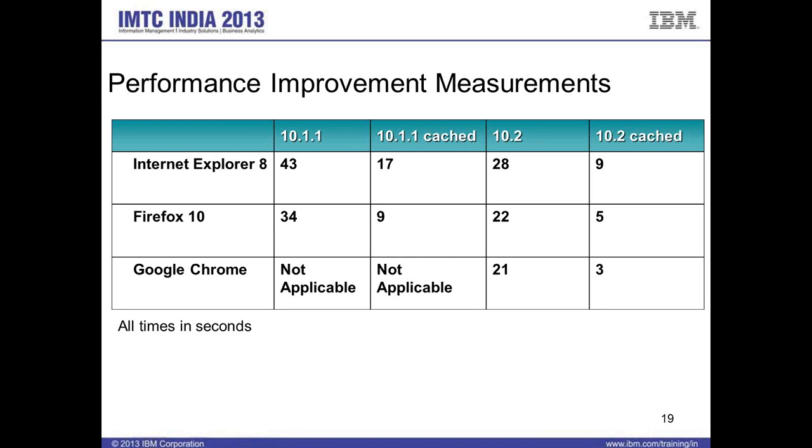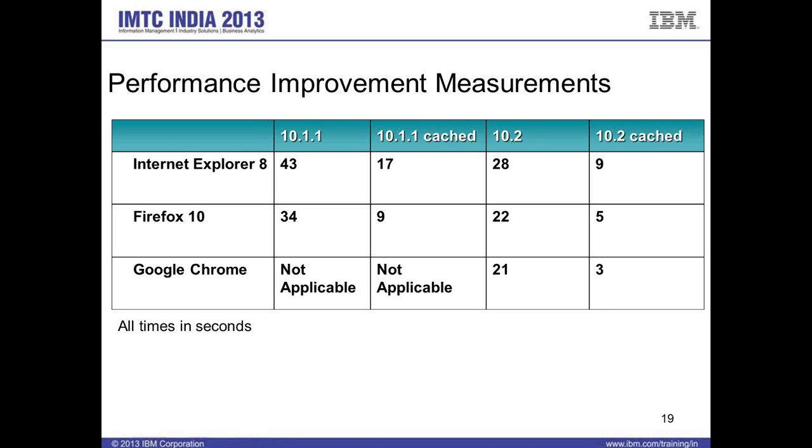The first run in 10.2 takes 28 seconds in lab testing, which was taking around 43 seconds in 10.1.1, and in cached mode it's also almost a double improvement in performance on Internet Explorer. Similarly on Firefox, it improved significantly, almost double the performance compared to the earlier release.